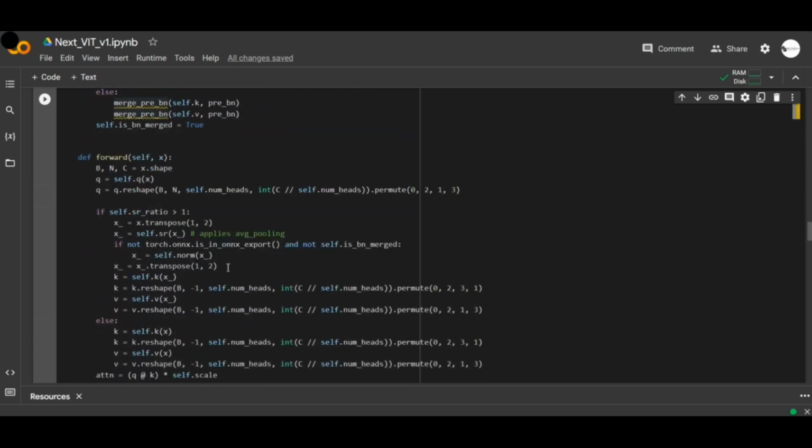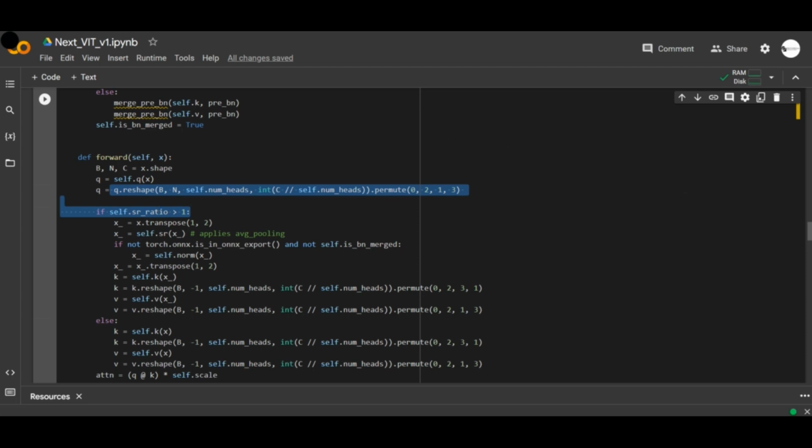Then what we have is this forward pass, whereby we take the input feature and we extract the dimension of this input feature, and then we pass this input feature into the query matrix or the encoding context. Then we try to reshape this into the batch size, number of heads, sequence length, and channel, right?